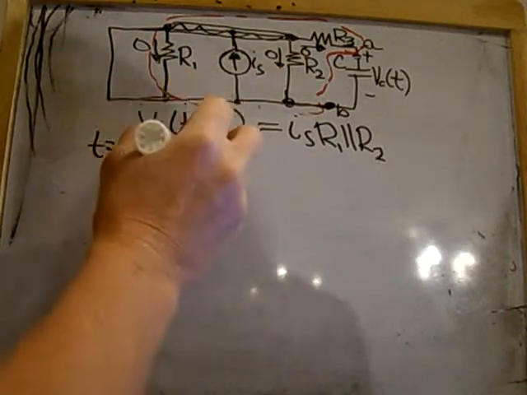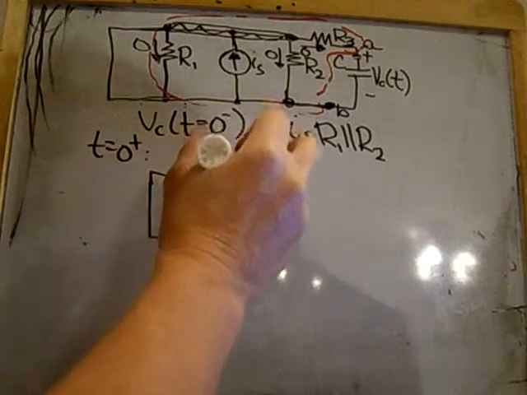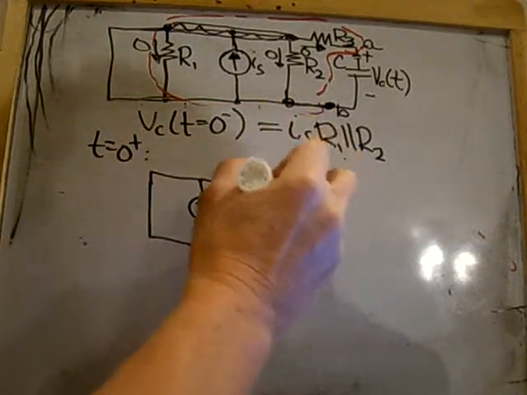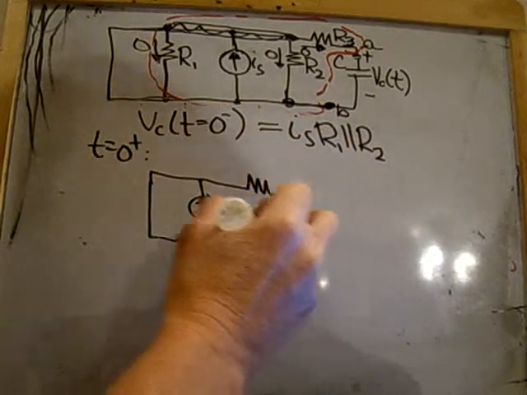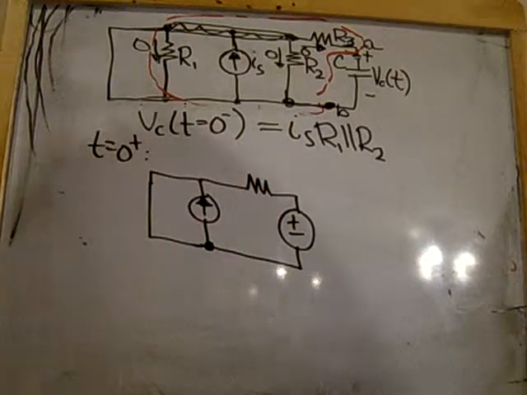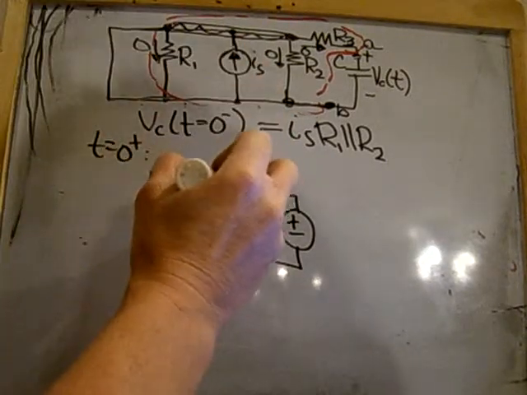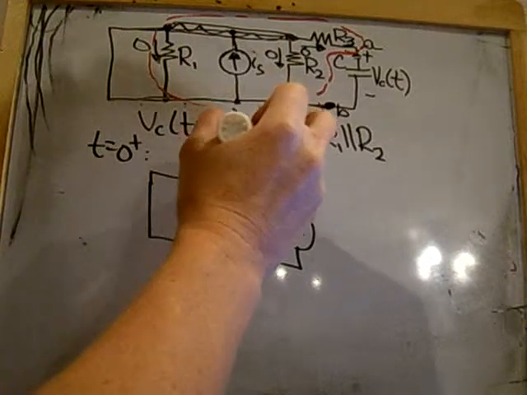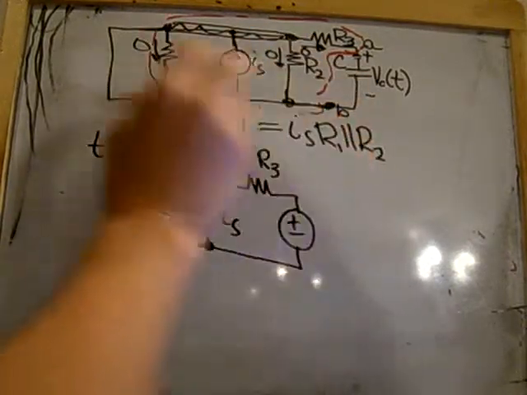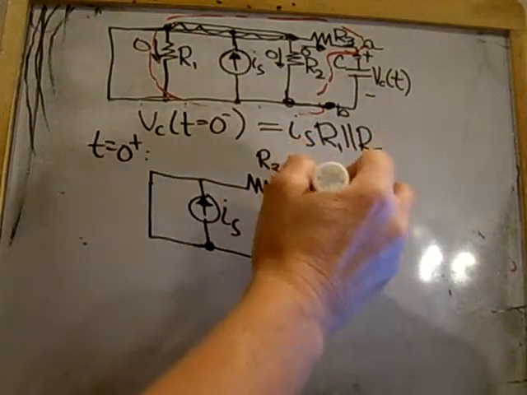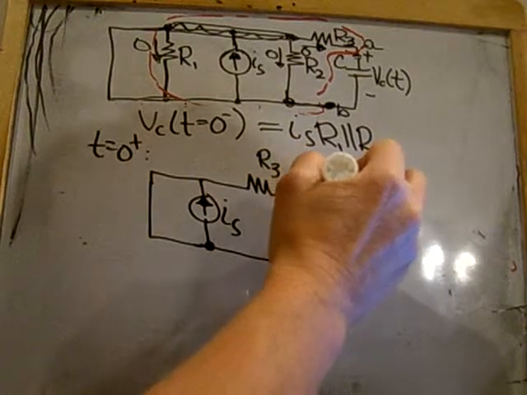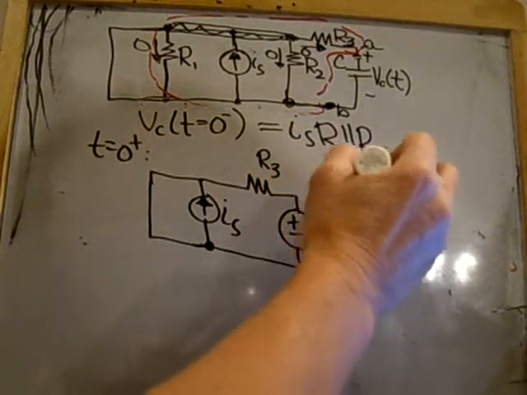That voltage cannot change instantaneously. So this will now be a voltage source with the value that it had right before it switched. So that has to remain constant.